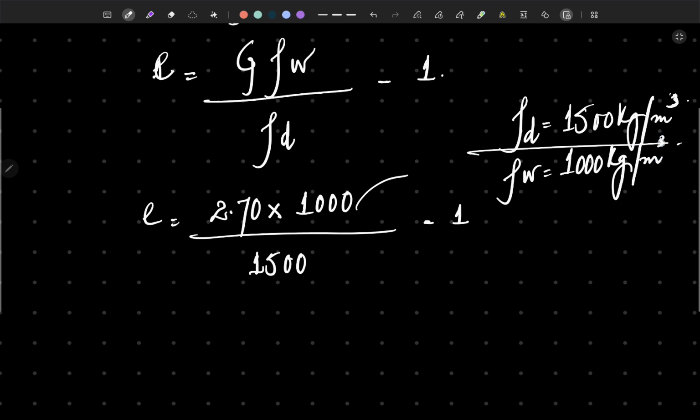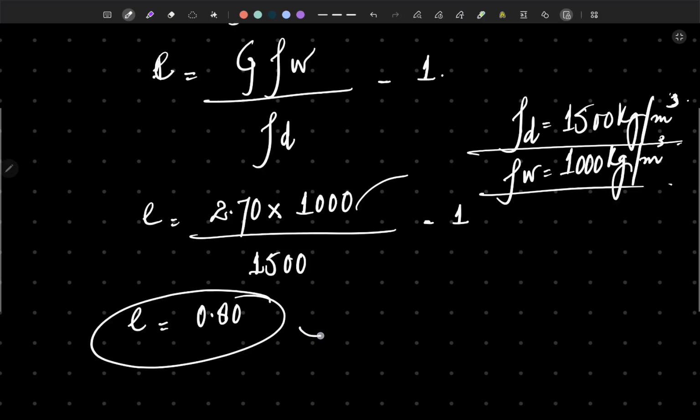We have substituted these values in this expression to find the void ratio of this particular soil mass. By calculation, the void ratio is 0.80. So we have found the void ratio as well.